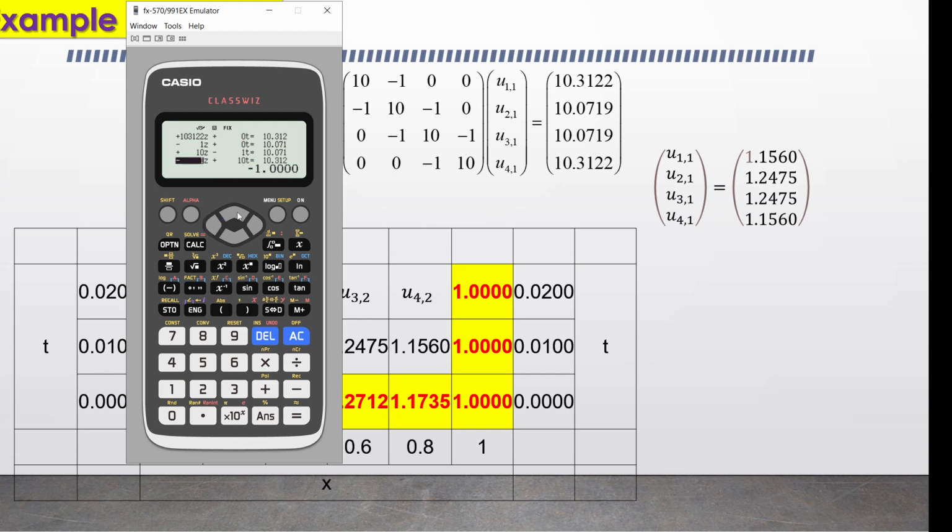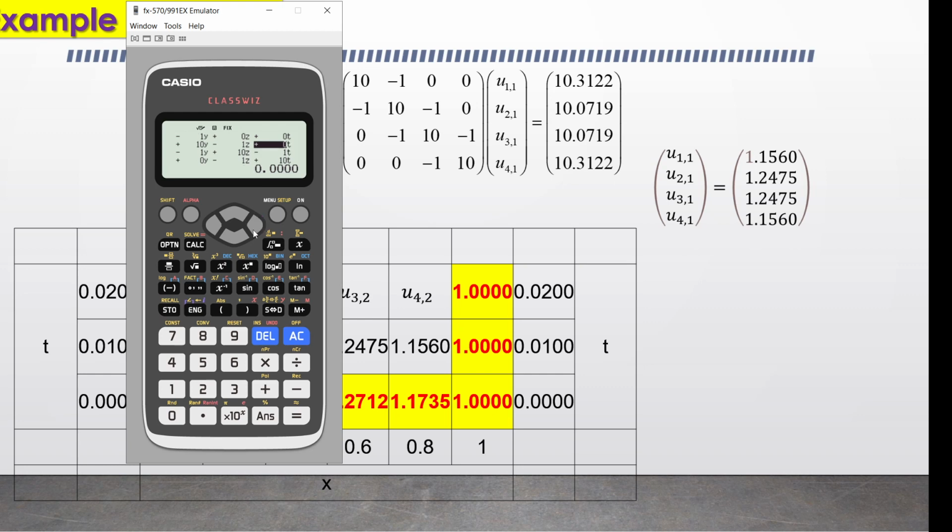Okay, for Z, this one should be 0. Negative 1, 10, negative 1. So first column 10, negative 1, 0, 0. Second column negative 1, 10, negative 1, 0. Third column 0, negative 1, 10, negative 1.